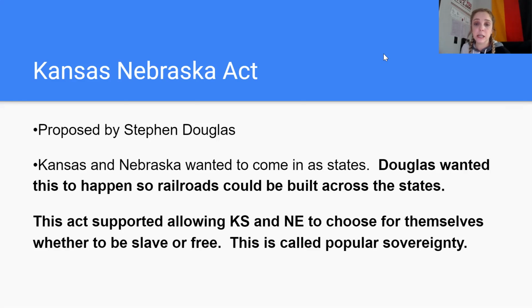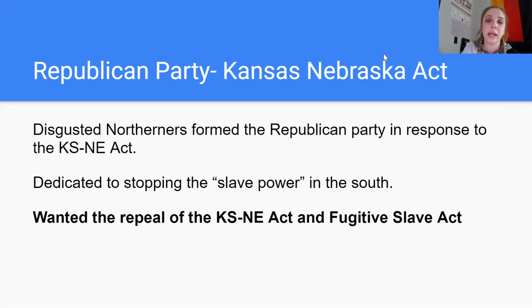This idea is called popular sovereignty, or the right to self-rule. But here's the issue. Northerners formed a Republican Party as a response to the Kansas-Nebraska Act. They disagreed with this act because it was still allowing for the power and opportunity and privilege of the South to hold and practice slavery.